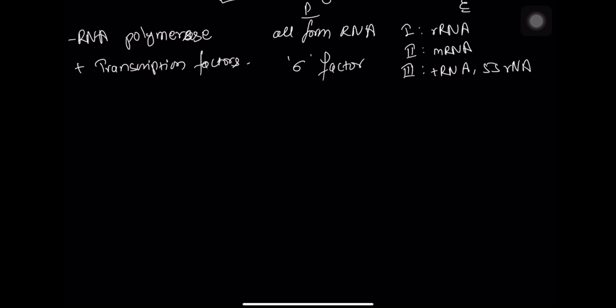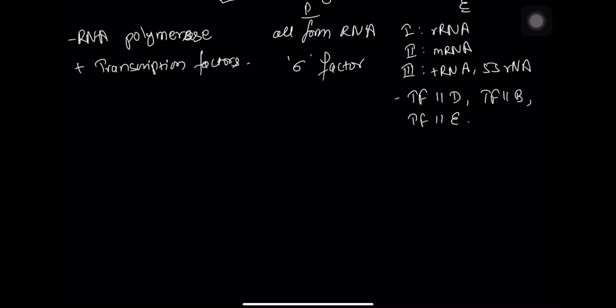And in eukaryotic cells, there are transcription factor D, transcription factor B, and transcription factor E. Now in this initiation phase, there is the binding of RNA polymerase to the promoter region of DNA, and with the help of the transcription factors also, it will initiate the formation of RNA.